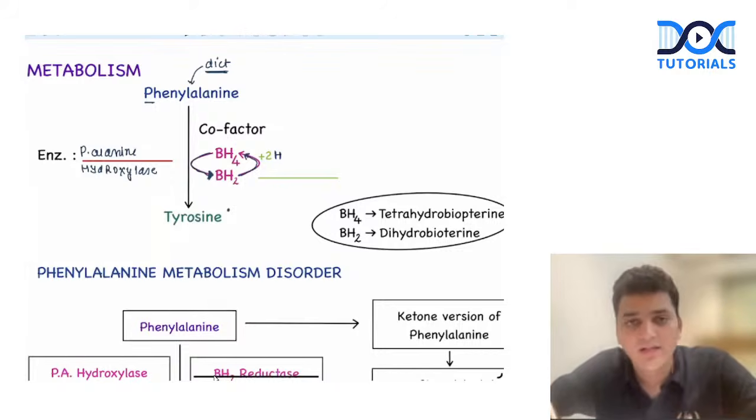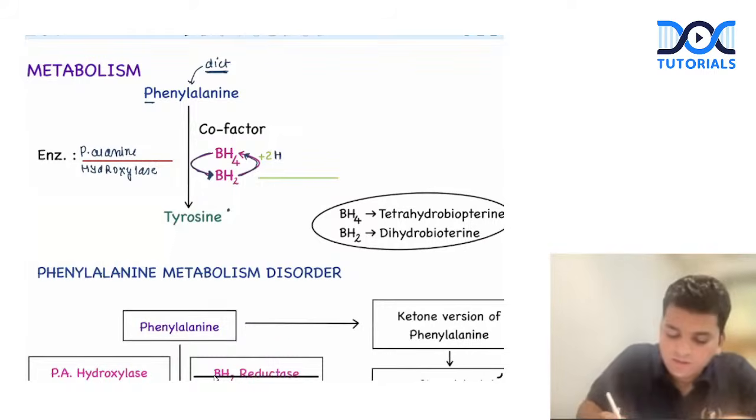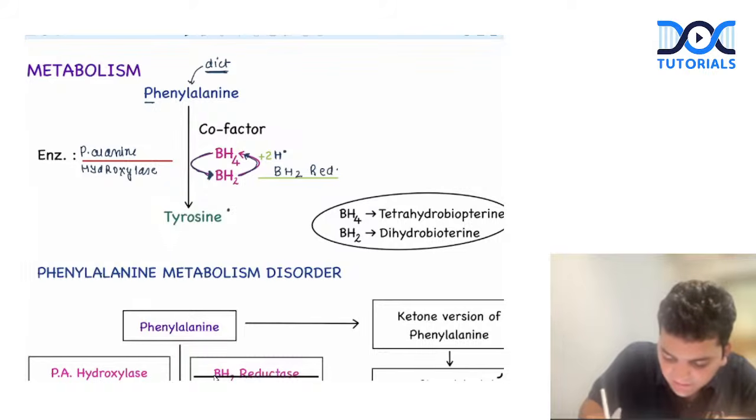And in the 8th class, you have discussed redox reactions. If you add oxygen to any molecule, it is oxidation. If you attach hydrogen to any molecule, it is called reduction. So if I convert BH2 into BH4, I have to add hydrogen, and the name of the enzyme is going to be BH2 reductase.